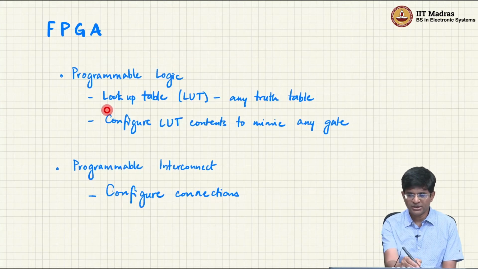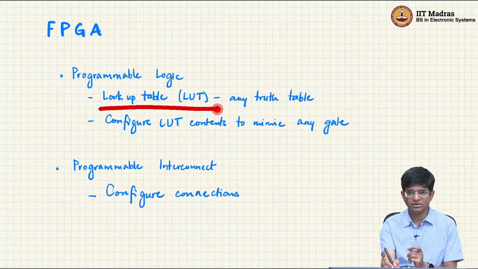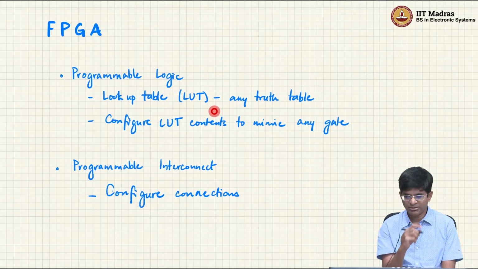As I mentioned over here, the core concept of a programmable logic is the so-called lookup table, right. And what the lookup table does is it pretty much allows you to take any arbitrary truth table corresponding to either 4 or 6 inputs depending on the type of FPGA and say, okay, I'm not even going to bother about whether this is an AND gate or OR gate or anything else. I'll just take this truth table and put it into that LUT, right.